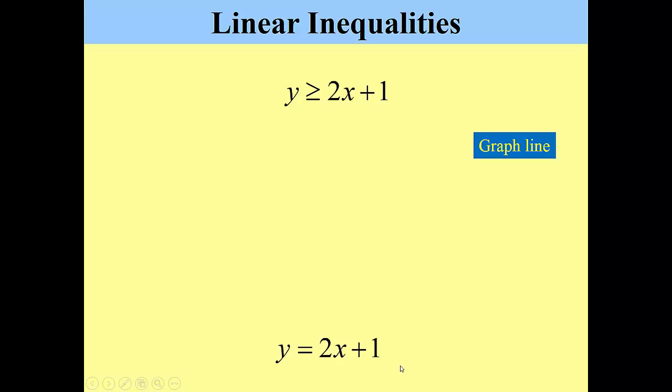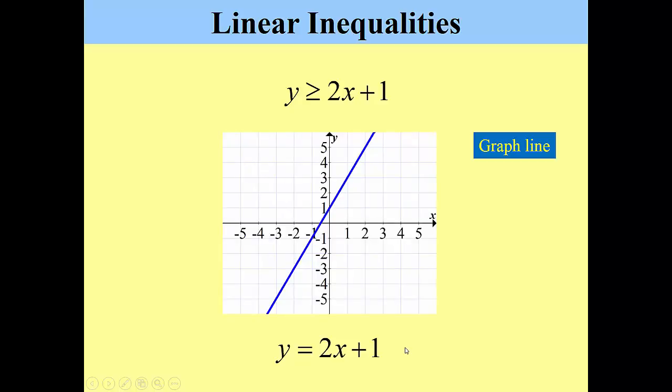The line y equals 2x plus 1 is a line that crosses the y-axis at 1 and has a slope of 2. Now we want to decide whether to make it solid or dashed. In the long run we'll combine these 2 steps together and just draw the line in the beginning to be the proper line.